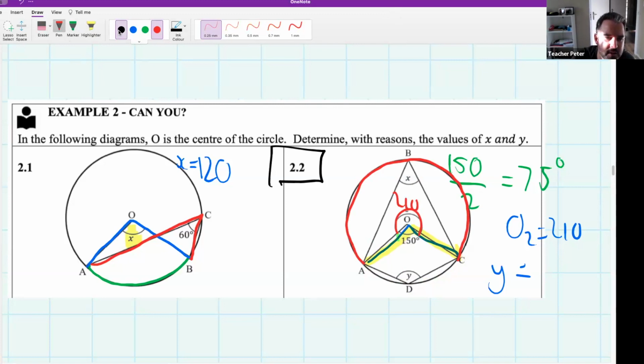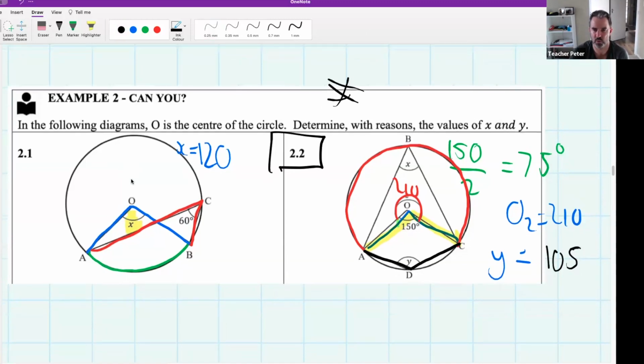But then using the same arc, I can go to here, and the angle at the circumference is half of the 210, which is 105. That is a little bit tricky to see, but once we learn about cyclic quads, you'll have an easier way to do that. So if you found this one a bit weird, don't stress. I don't mind if you find that a bit weird for now.